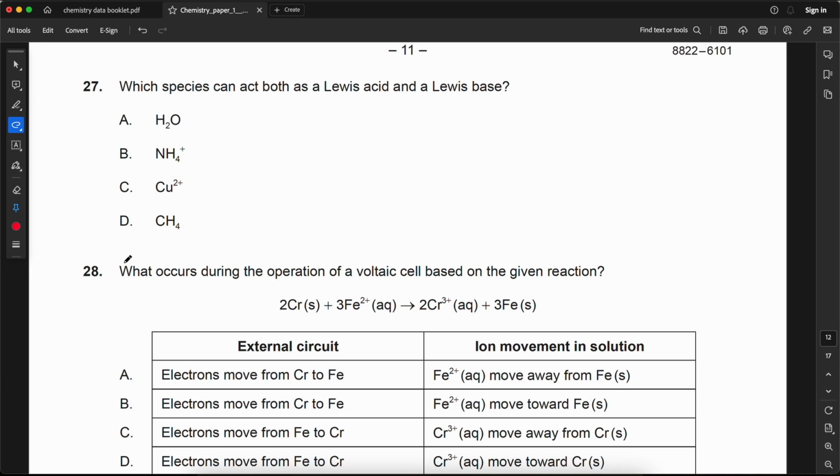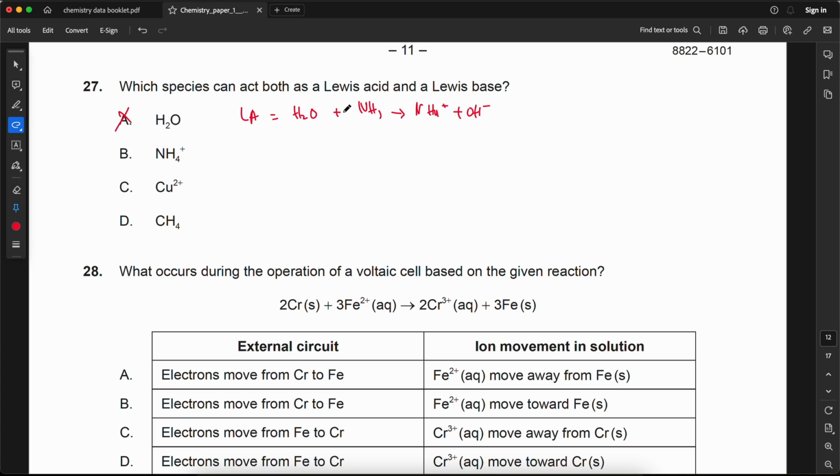Which species can act both as a Lewis acid and a Lewis base? It is H2O, because H2O has amphoteric character, where it can be a Lewis acid and a Lewis base. For example, as a Lewis acid, H2O reacting with NH3 will produce NH4 plus and OH minus.